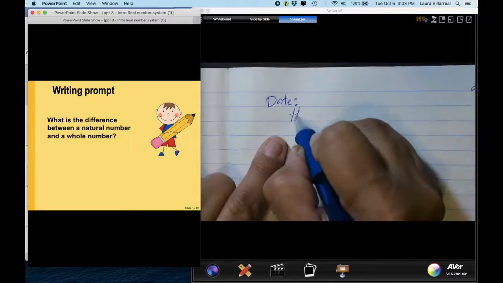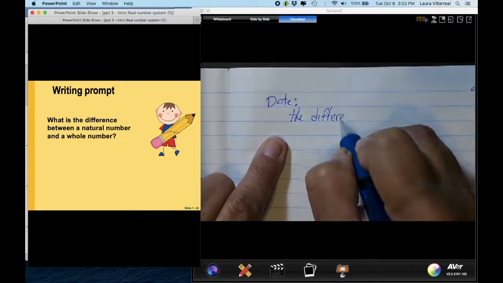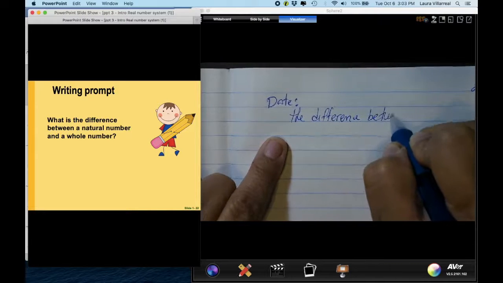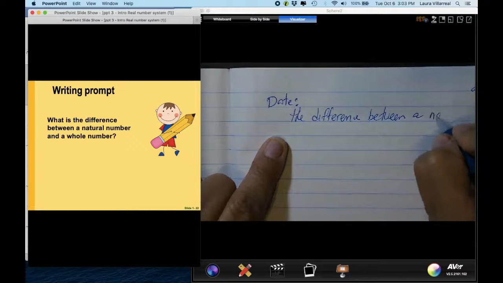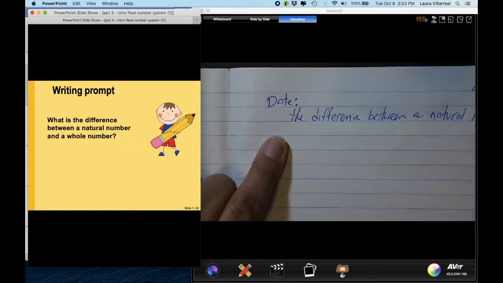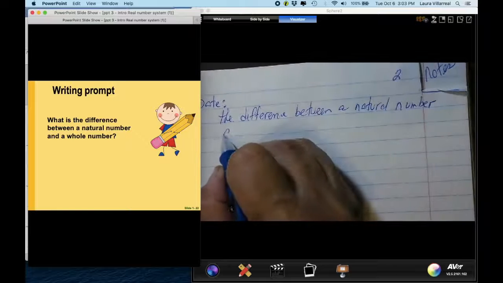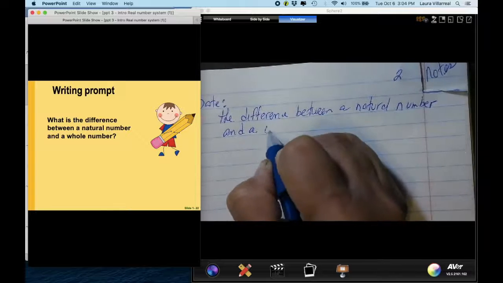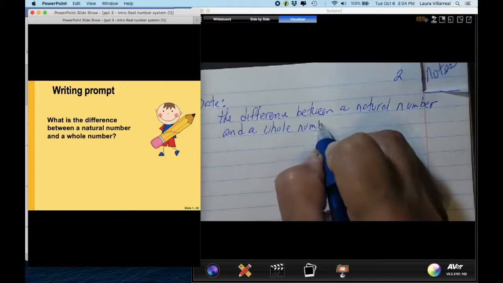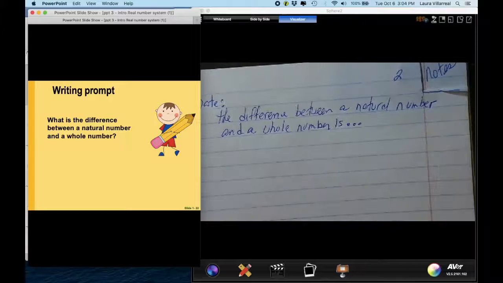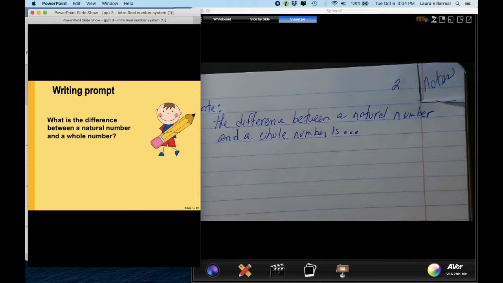So I'm going to say the difference between a natural number and a whole number is. Okay, so these are the type of questions that you might find on the test, in which you have to describe and explain. So let's look at the difference.